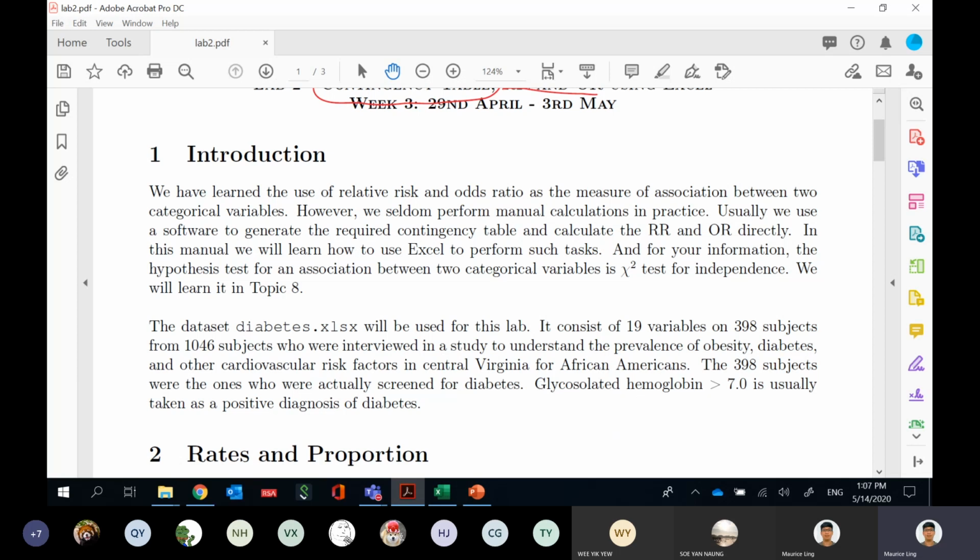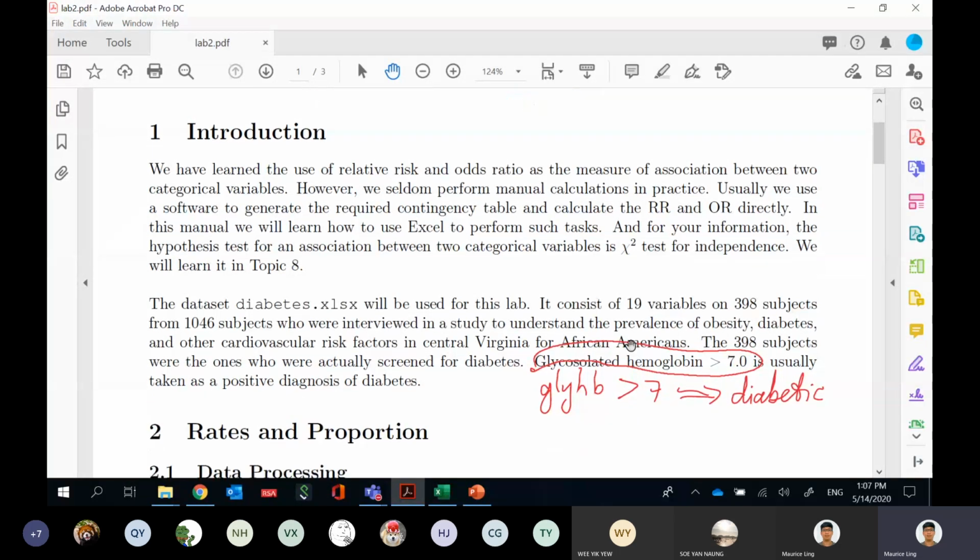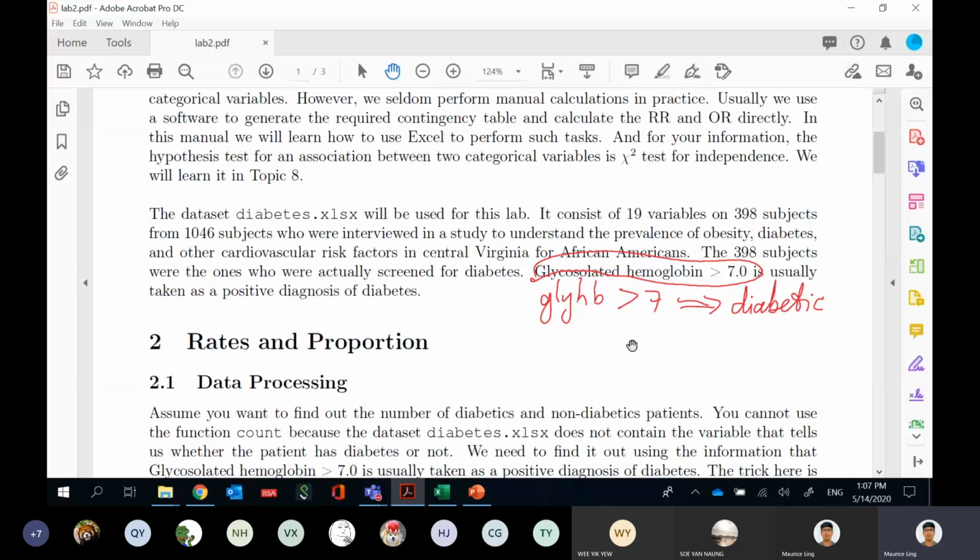Here, what we want to note is what is diabetes? Diabetes is defined by the glycosylated hemoglobin. Glycosylated hemoglobin more than 7 implies diabetic. This is how even most of the blood sugar testing machines do it.